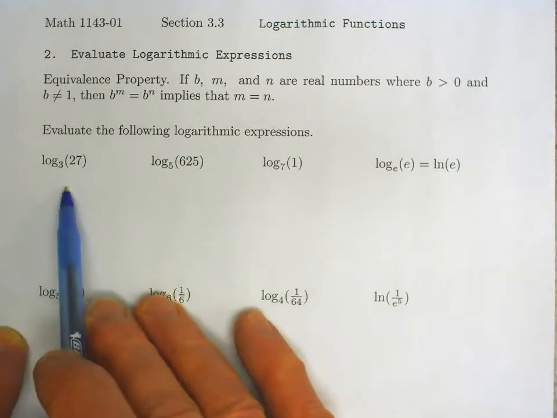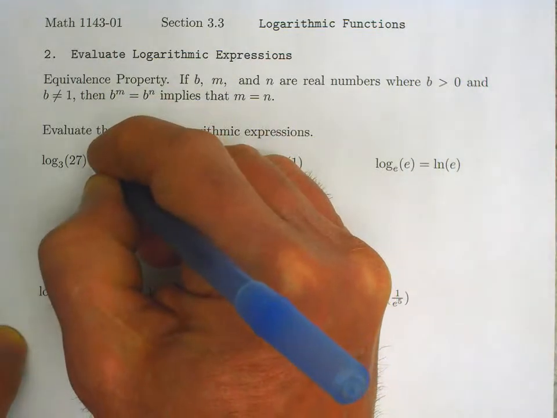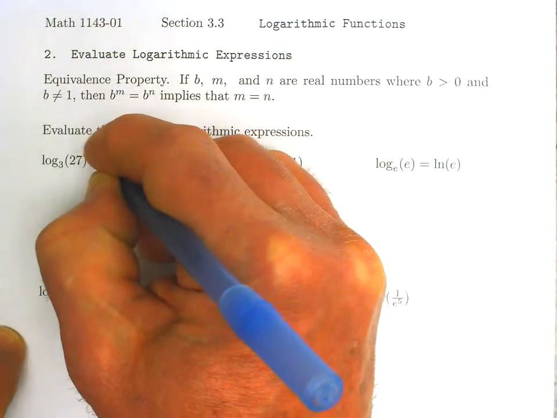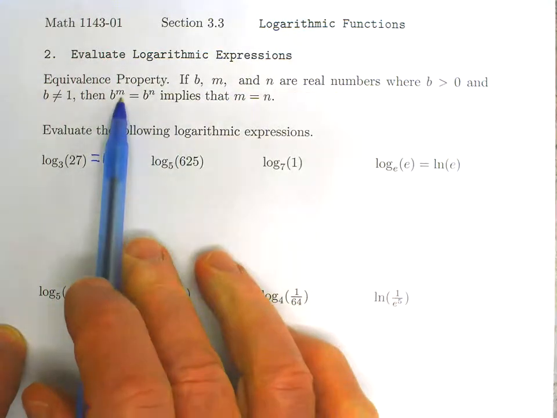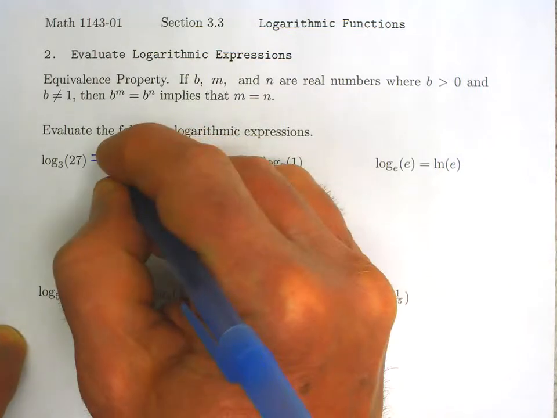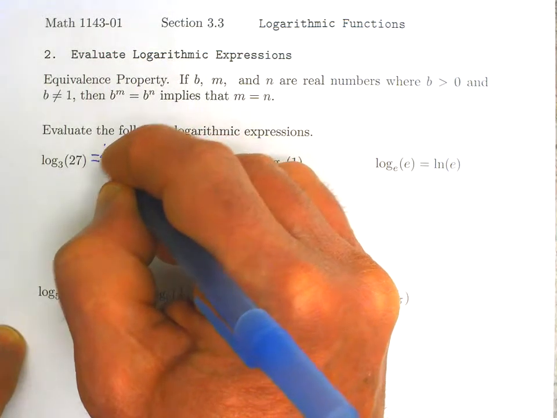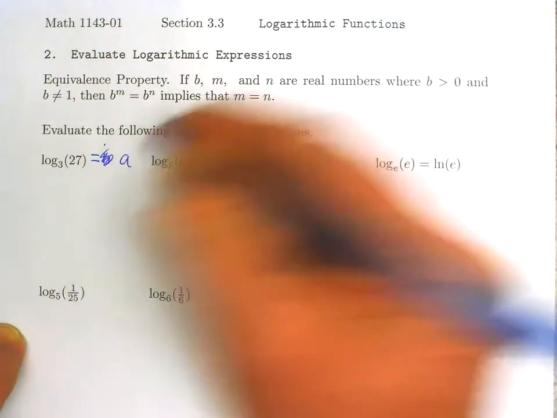So log base 3 of 27, well, it has to equal something. So I'll just say that it equals m. Whoops, I don't want to use the same letter as I'm using up there. So how about log base 3 of 27 equals a.